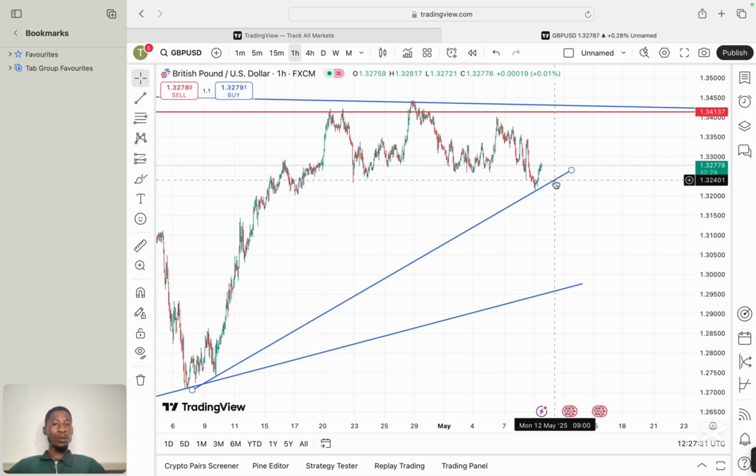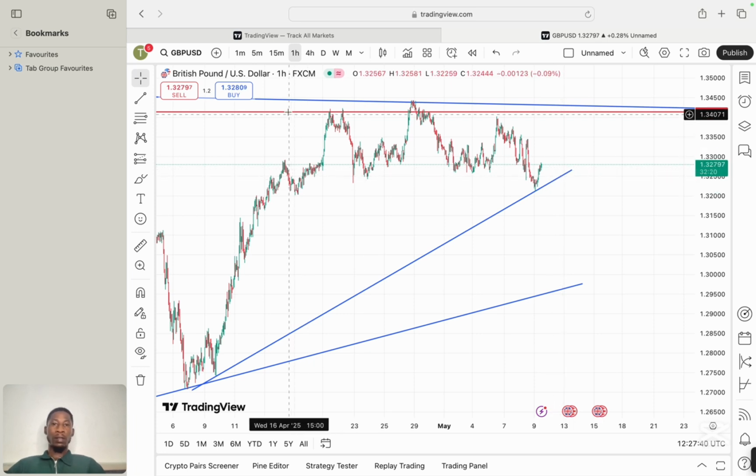And not that alone, I will also wait for other confluences that will make me sure this is going to go bullish or bearish. Alright, so on this level here, I think there's a resistance and a support level, which I can just put in real quick.